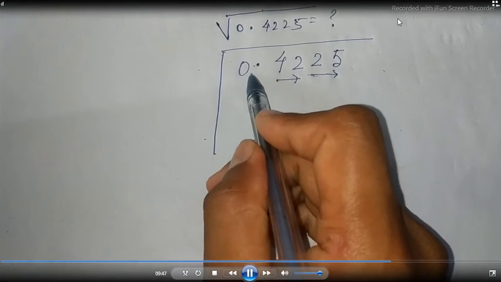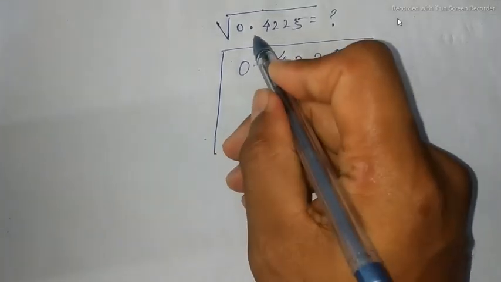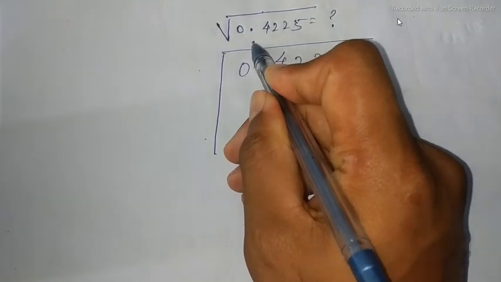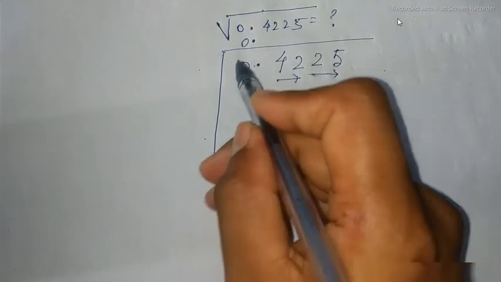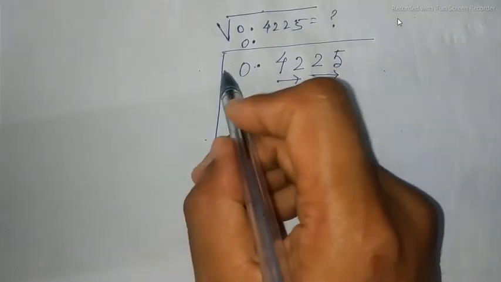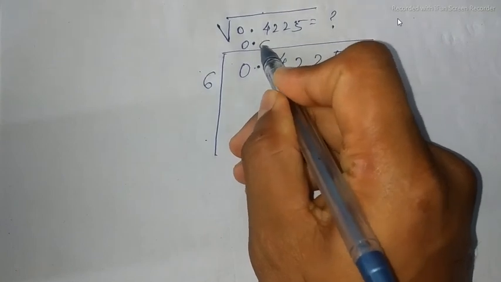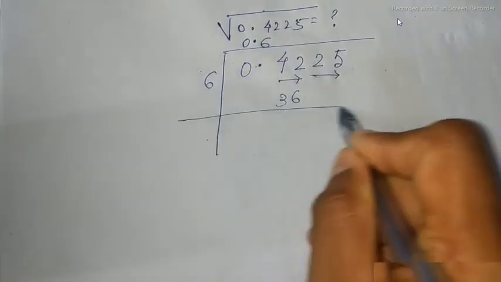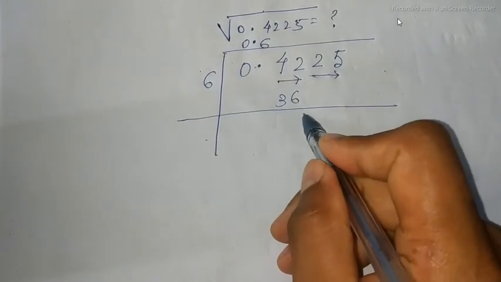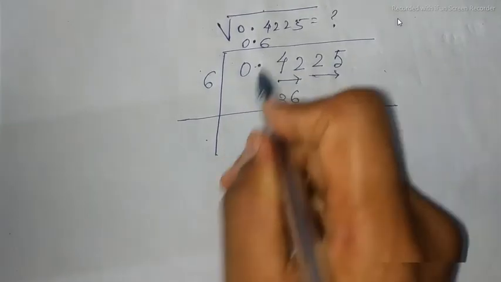Since in the integral portion it is 0, the decimal point comes directly here, it will be 0. Then 42. The nearest perfect square is 36. So 6 6s are 36. 6, and the next pair comes, this 25, and double of 6 is 12.